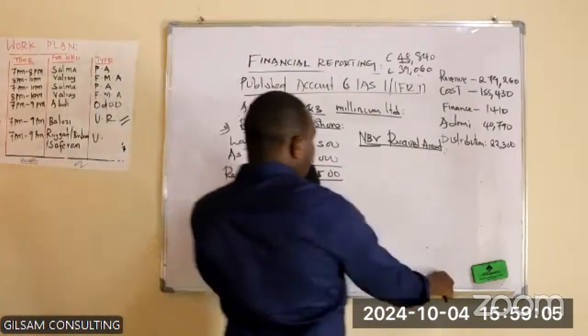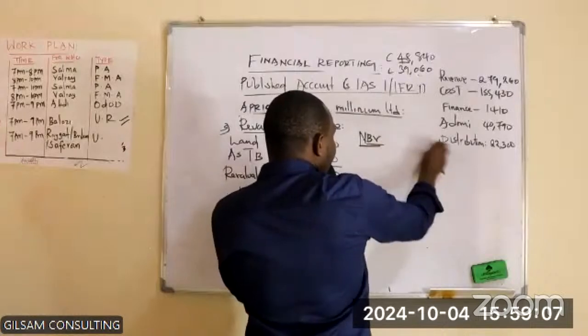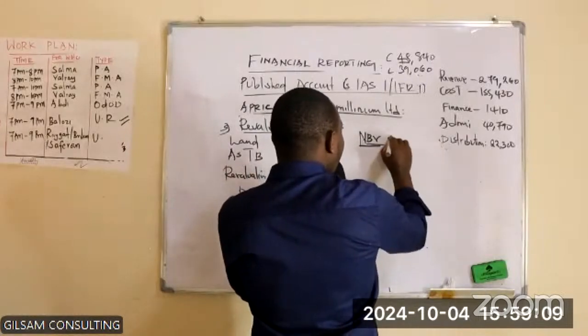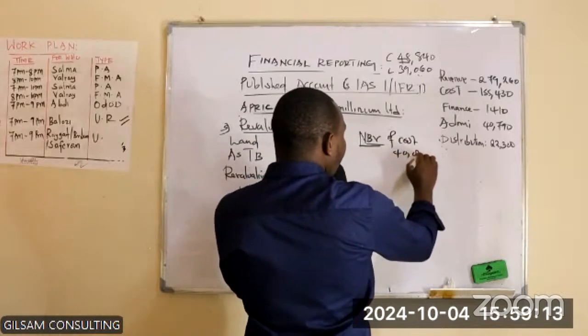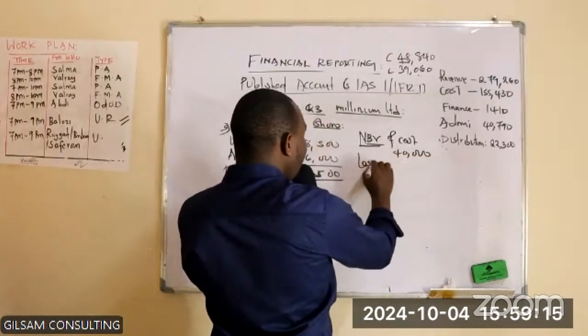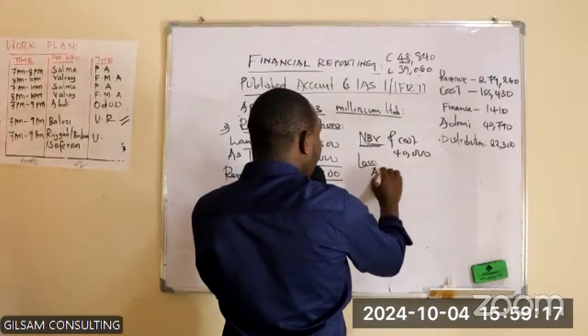So sorry, it is not the revalued amount, but the net book value of cost, which is 40 million less accumulated depreciation.